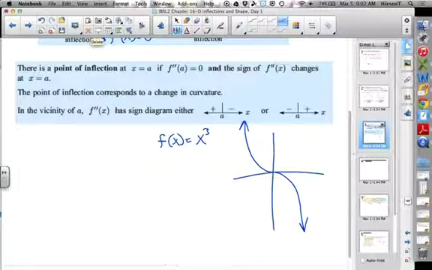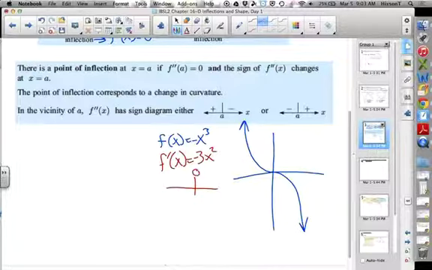Okay. So f prime of x equals negative 3x squared, because we made that negative. Alright. So if you were to do a sign diagram, your critical value is going to be, there's only going to be one, at 0.